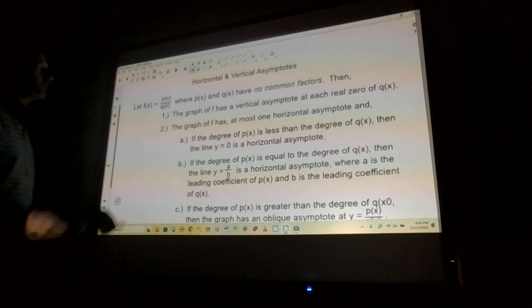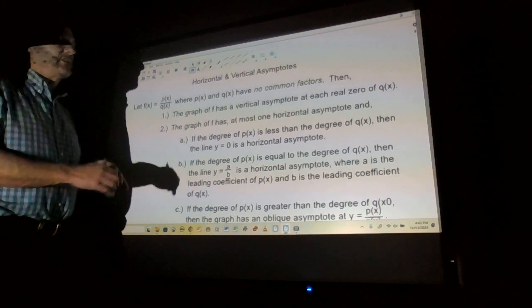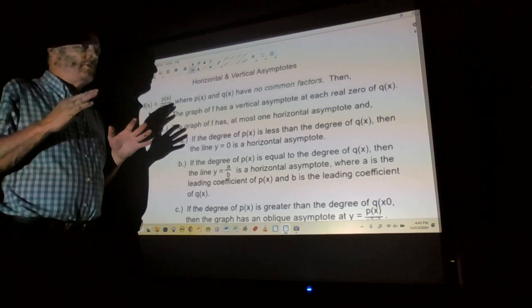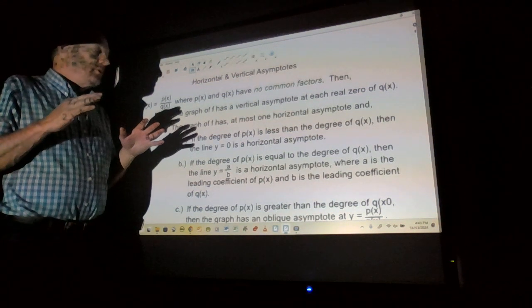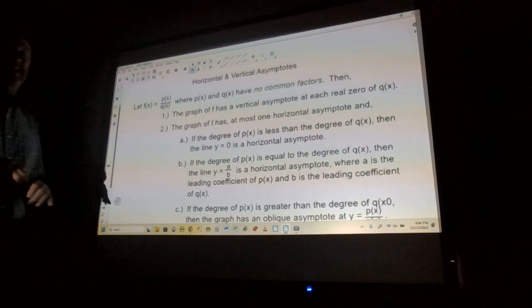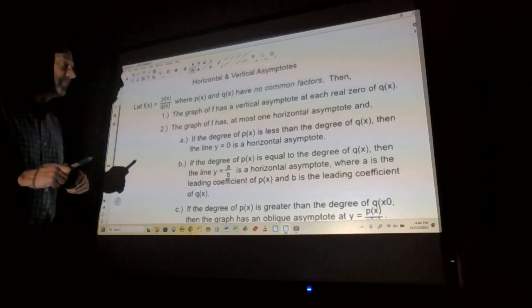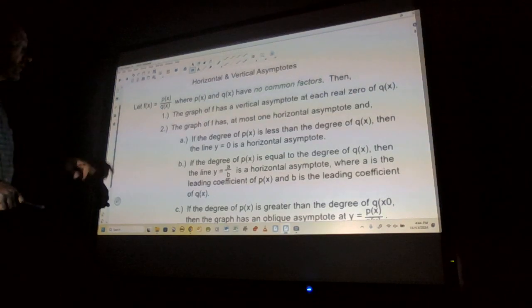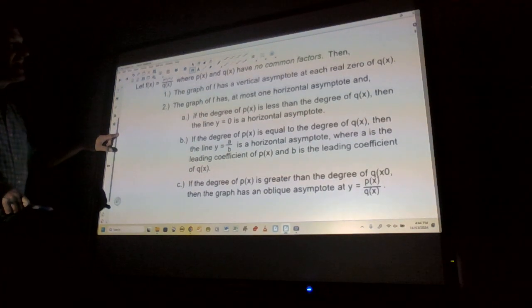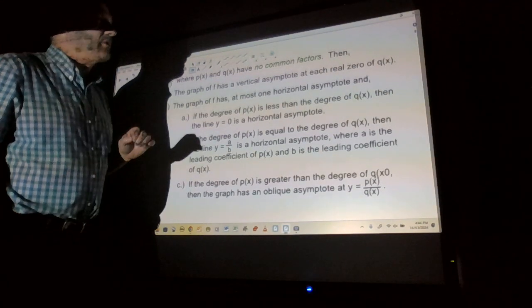Let f of x equal p of x over q of x, where p of x and q of x have no common factors. So the best thing to do is to take your polynomials and factor them down as far as they'll go, and then cancel out anything that is the same in the numerator and the denominator. We can talk about what happens with that in a little bit. So the graph of f has vertical asymptotes at each real zero of q of x.